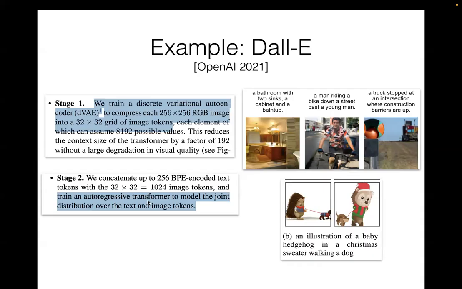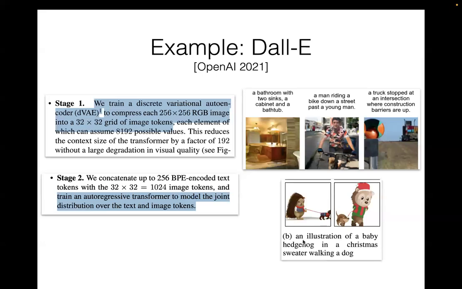So what can you do with this? Now you could say, let's say I have the text tokens followed by the image tokens. Well, then you can have a prompt which says, what do I want to be in my image? You could say a bathroom with two sinks, a cabinet, and a bathtub, and then you generate the image. Here I think they were testing some unique combinations.